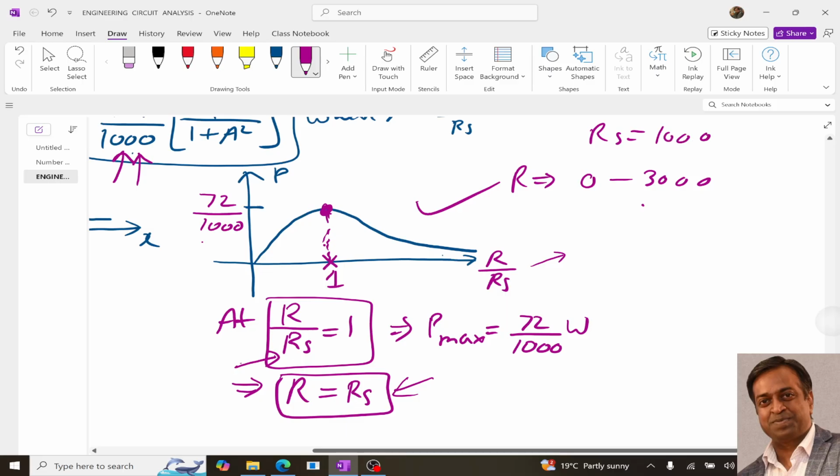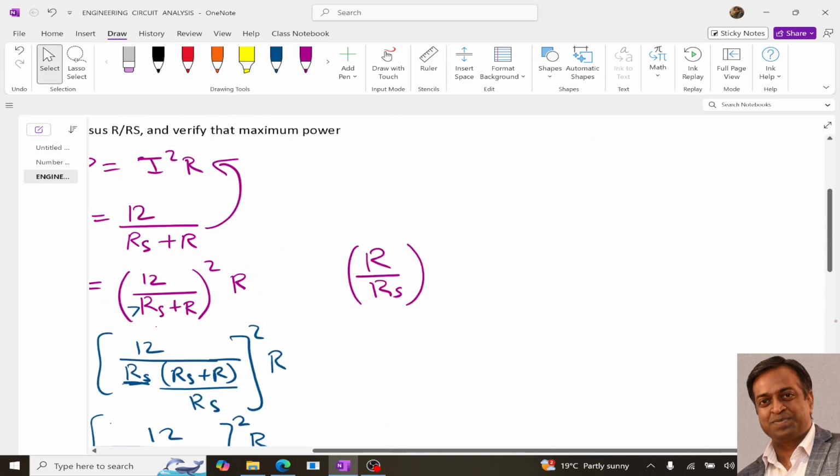It means the range we need to plot for R by RS will be from 0 to 3000 upon 1000, meaning 0 to 3. So somehow we need to plot till this point. But if we move to infinity, then it is going to be 0, right? So this is the first part.